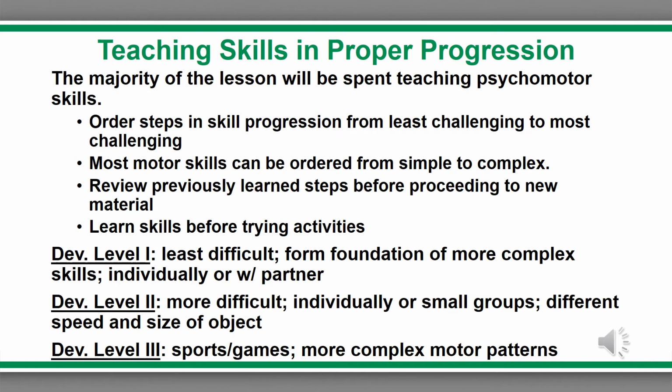And remember, we want to go from large objects in development level 1 to smaller objects in development level 2 and 3. Then development level 3 is definitely where I want you to know you have your advanced individual and specialized skills and activities, and that's where we're working with sports and games and your more complex motor patterns.